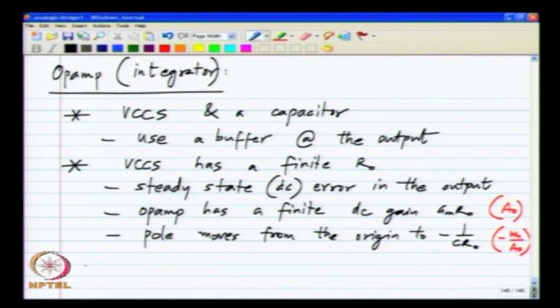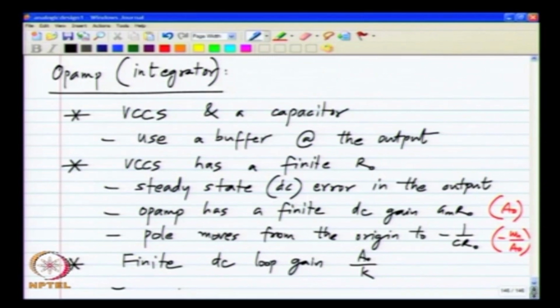And finally, the result of this is that you have a finite DC loop gain, which is A naught by k, which gives a relative error.